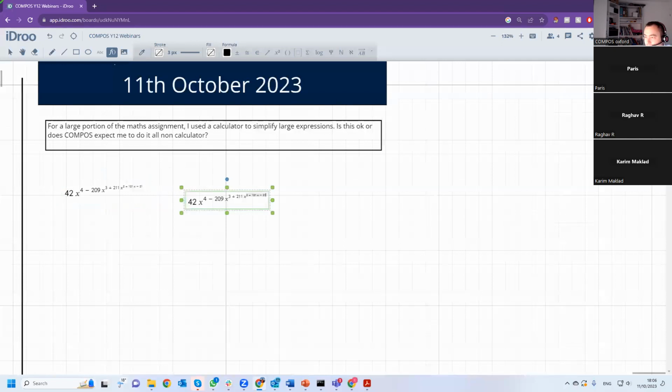Suppose you have 42x to the power 4 minus 209x to the power 3 plus 211x squared plus 121x minus 21.